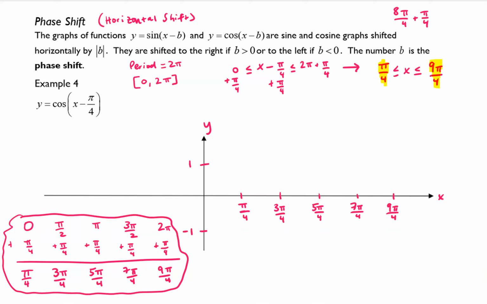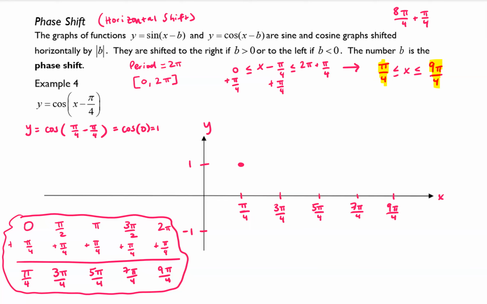Now let's plug in pi over 4 and see what our output is really quickly. If I plug in pi over 4 for x, that ends up being cosine of 0, which is equal to 1. So I'm going to go ahead and place that there.